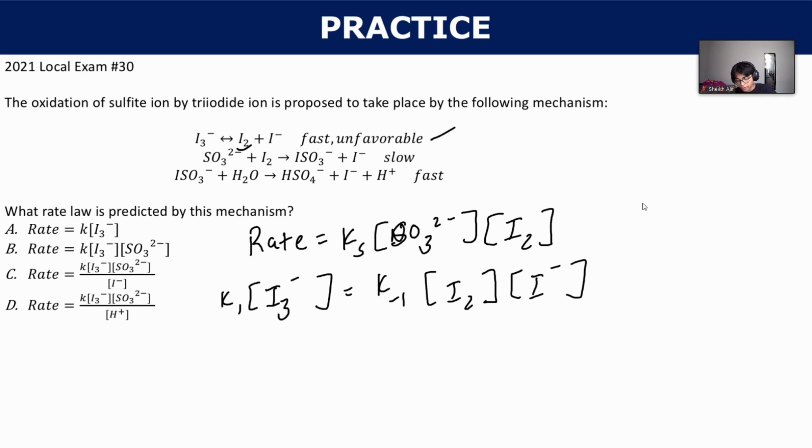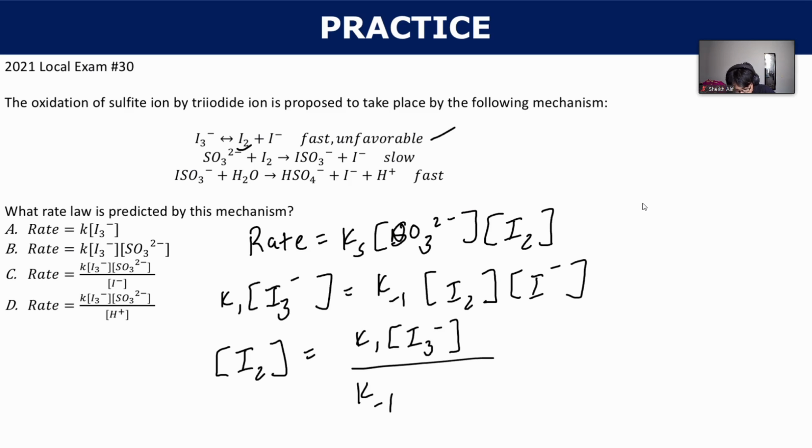And so if you solve for I2, you're going to get that it's equal to K1 times I3 minus over K minus 1 times I minus.